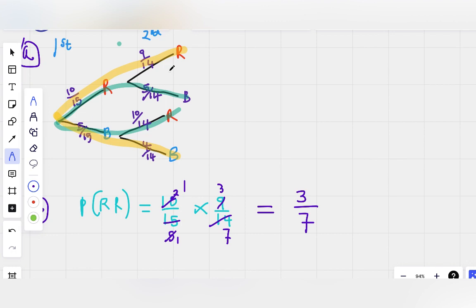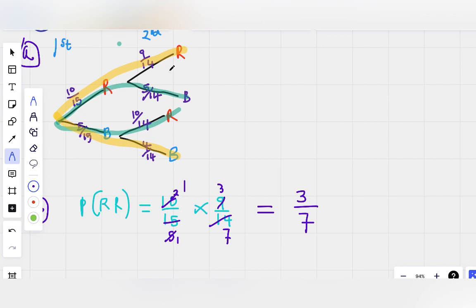Let's see the question again. It says calculate the probability that the second bead is black, given that the first bead chosen is red. So as the first bead is already known to be red, the bottom half of the tree diagram can be ignored, right?